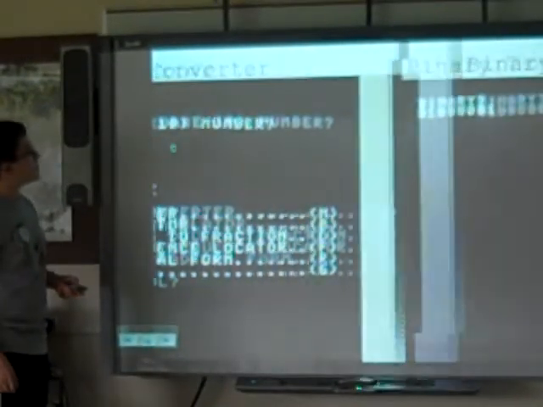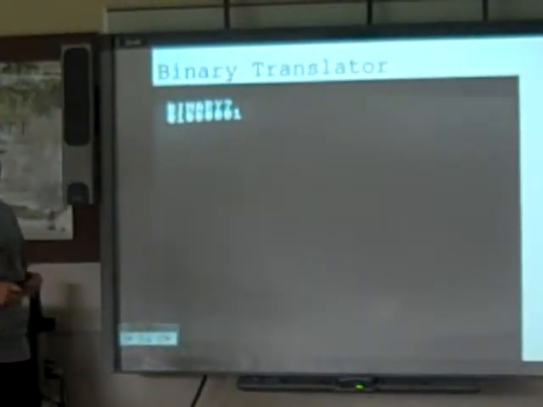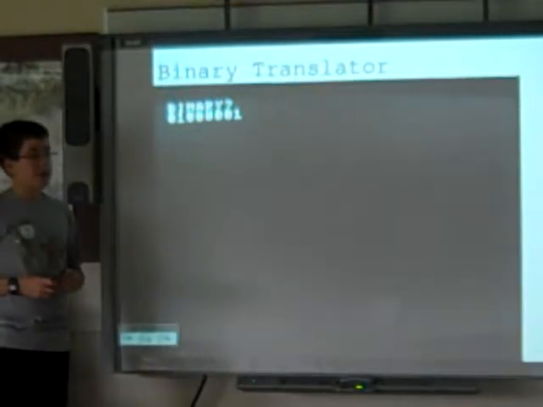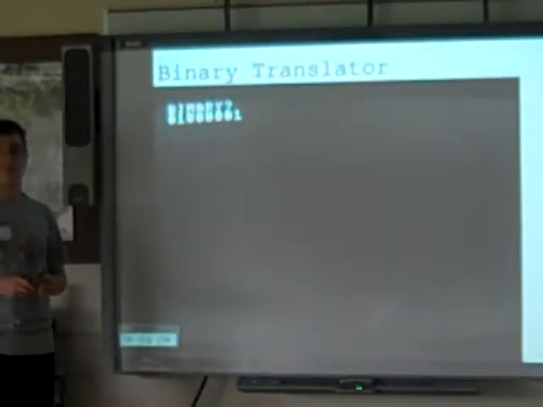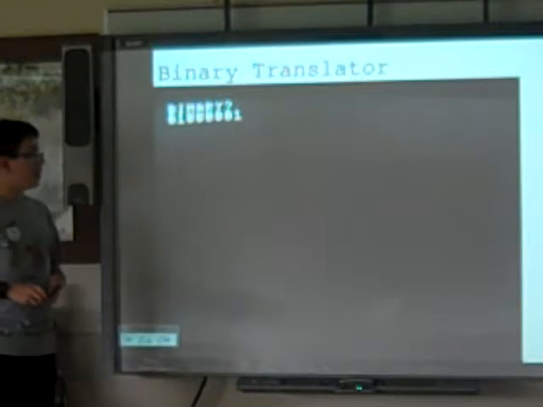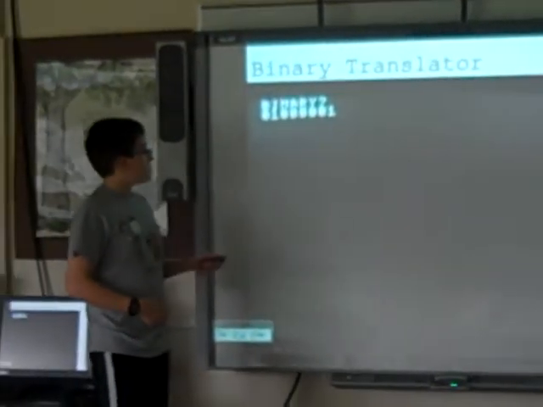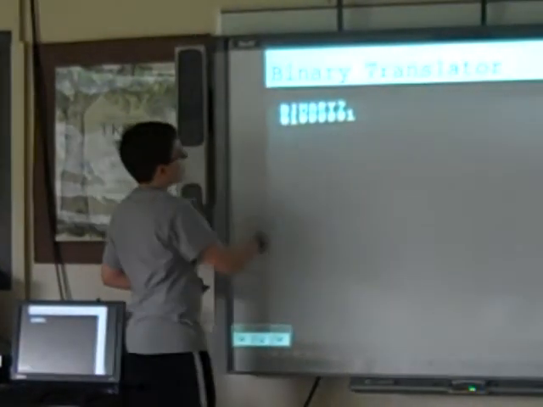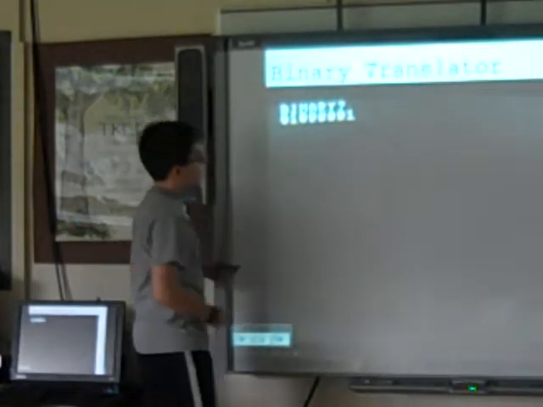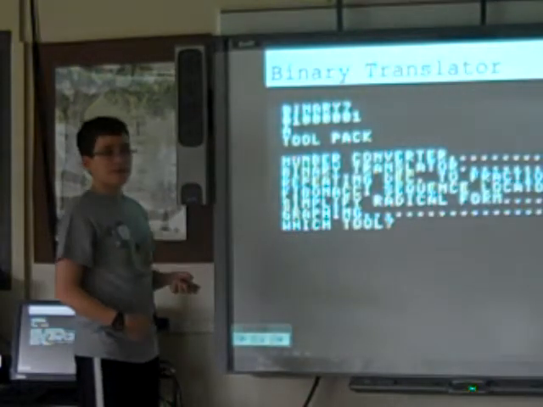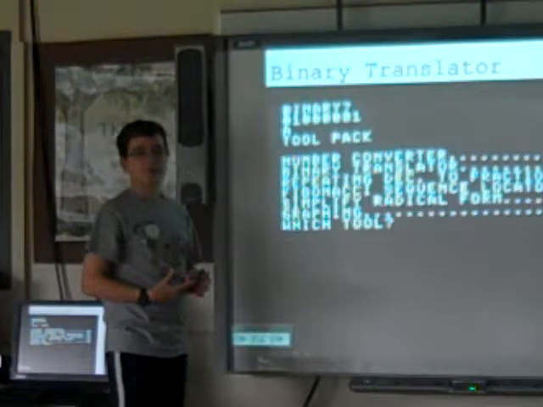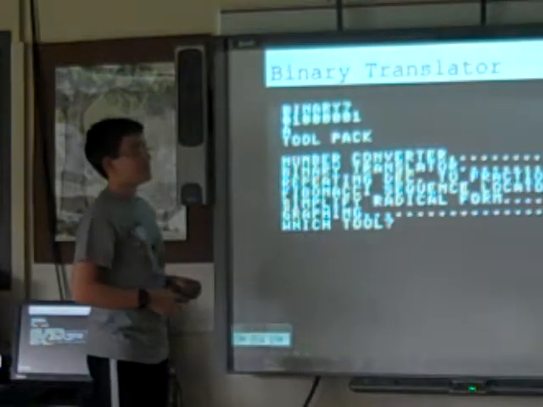And my second converter is a binary translator. It uses this language called ASCII that almost all computers use. It's this really cool language where I made it in binary, so 01000001 is A, and it's the same as 65.